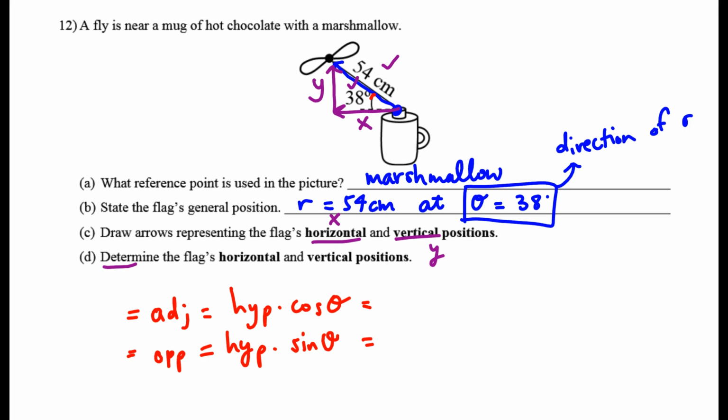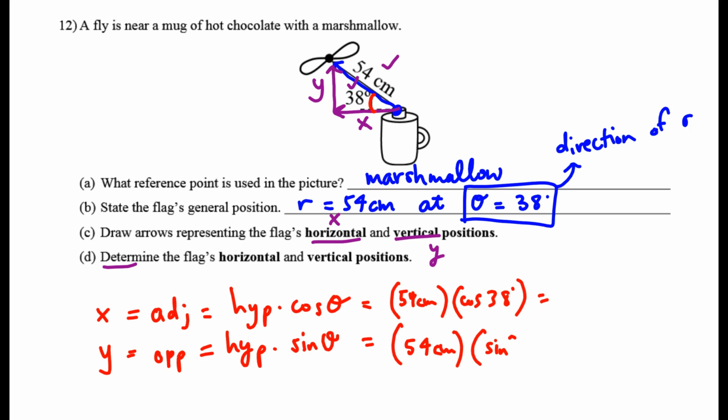Here, the adjacent leg, well, let's see, is it x or y? x is adjacent because x forms the angle. And y is opposite because if you draw a line out of the angle, you'll run into y. So hypotenuse is 54 centimeters. And then we add cosine of the 38. Likewise here, we have 54 centimeters and sine 38. And plugging this in gives us 43 meters for x and 33 meters for y.